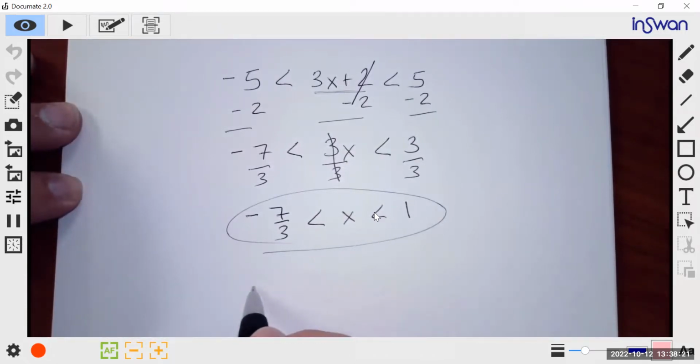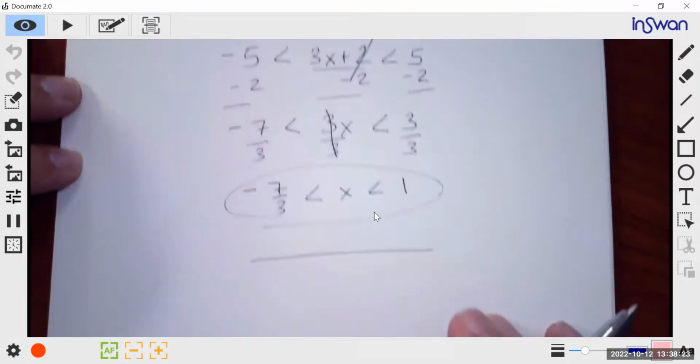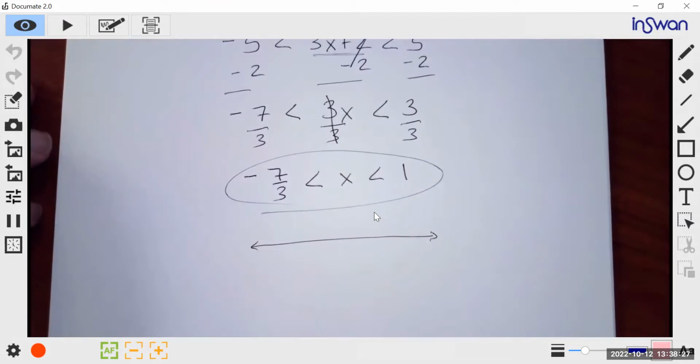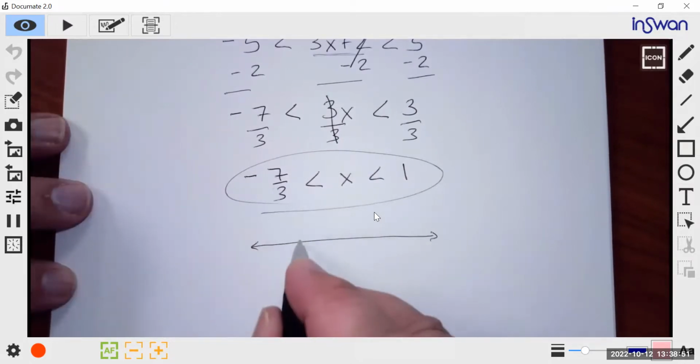How would you graph it? Remember, when you graph it, you look at your endpoints. What are your endpoints?